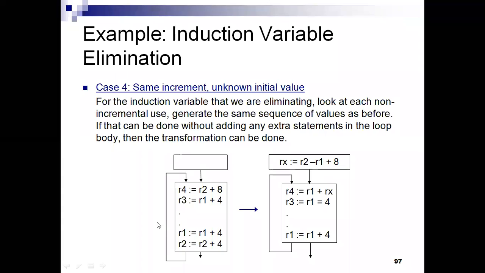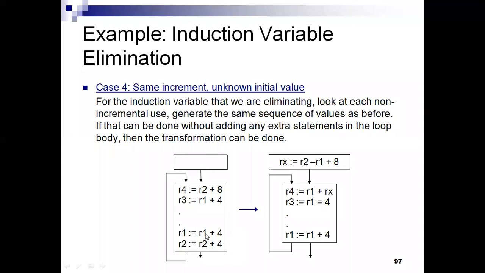Is it clear now? And the next one is R3 is equal to R1 plus 4. But what the R1 is, now the R1 becomes 0. So we are assigning the 4 value to R1. And now I am eliminating this extra statement because I am eliminating the R2 statement.